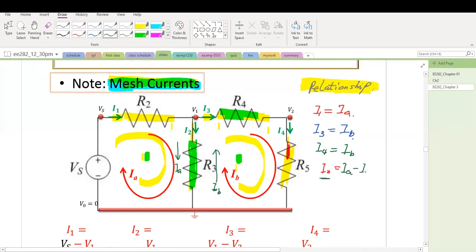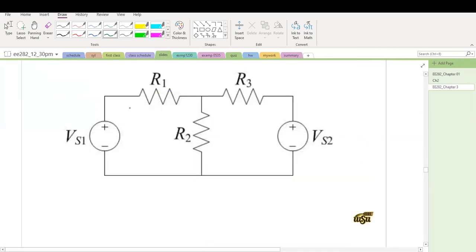IA minus IB, because IA is in the same direction as I2 and IB is in the opposite direction. So therefore I2 equals IA minus IB. These are the relationships between mesh current and branch current. This is very important when applying mesh analysis, and this is also a place where lots of mistakes can be made. Let's take an example of this circuit to see how we apply mesh analysis.